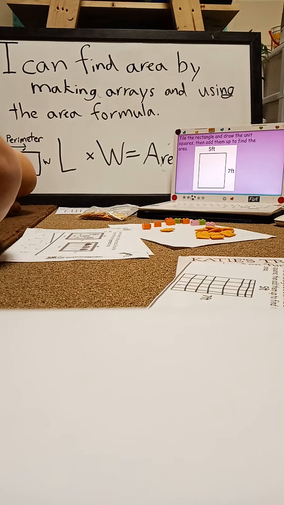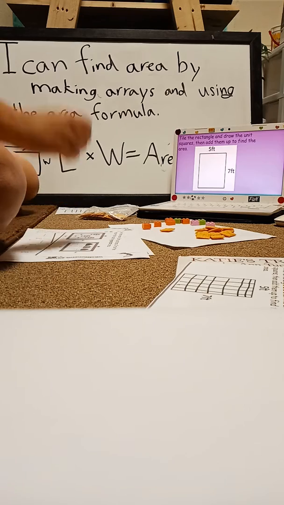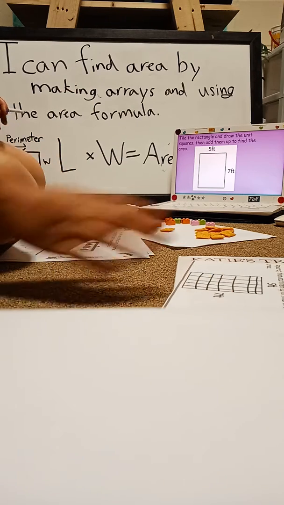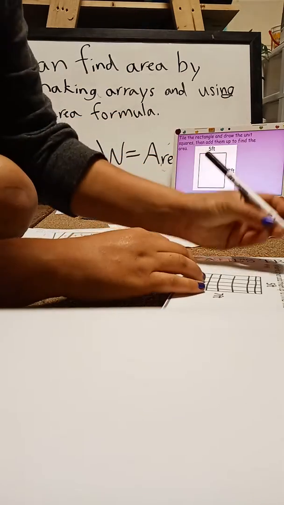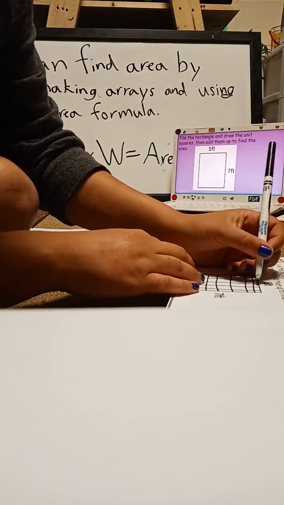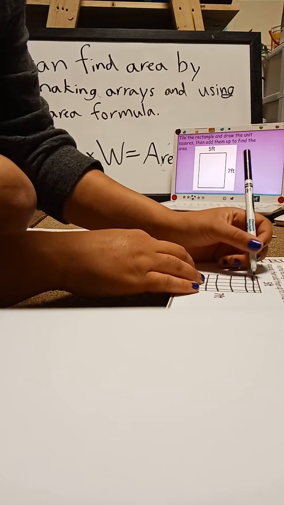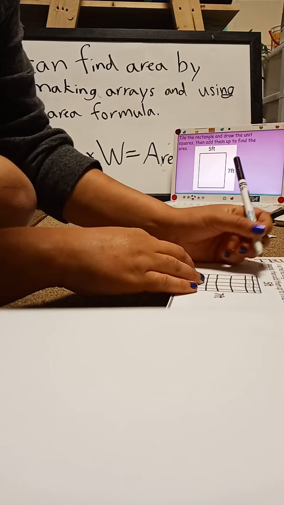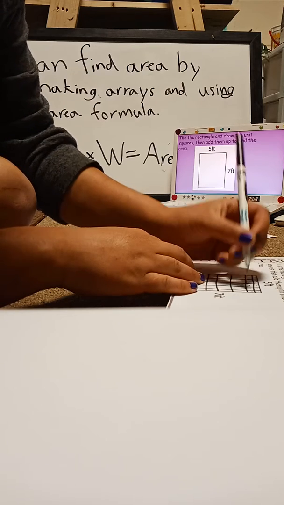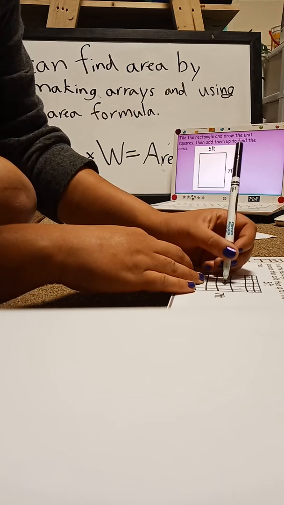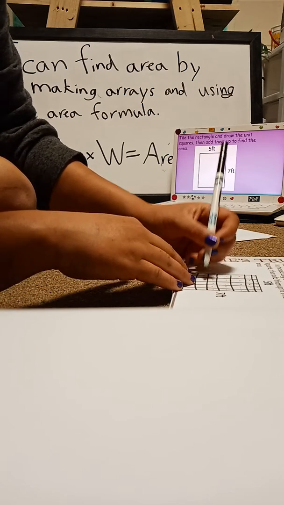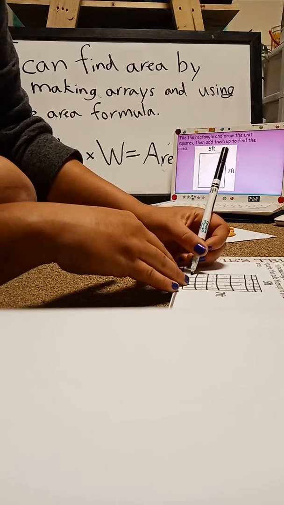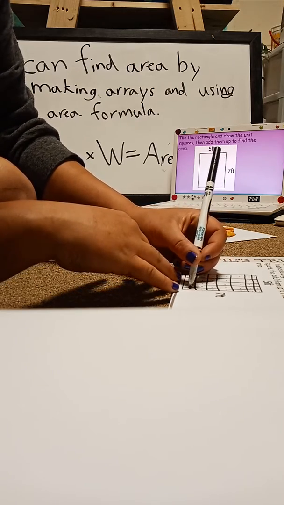So again, I'm going to count them, and I want you to count them on your own paper, okay? I'm going to count them in my head, and as I count them, I'm going to mark off each one with a dot. I want you guys to count in your head with me, okay? Let's go. 10, 20.